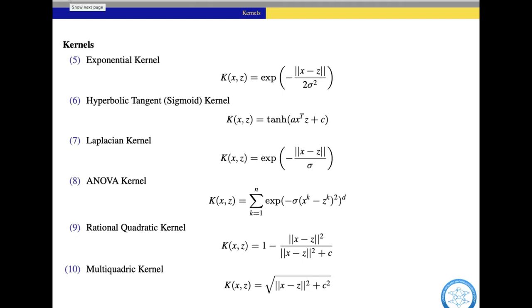Again, I cannot overemphasize that your problem has to have the right kernel. If your kernel is not the right one, you might be disappointed and think that your SVM is useless, when in fact you have chosen the wrong one.